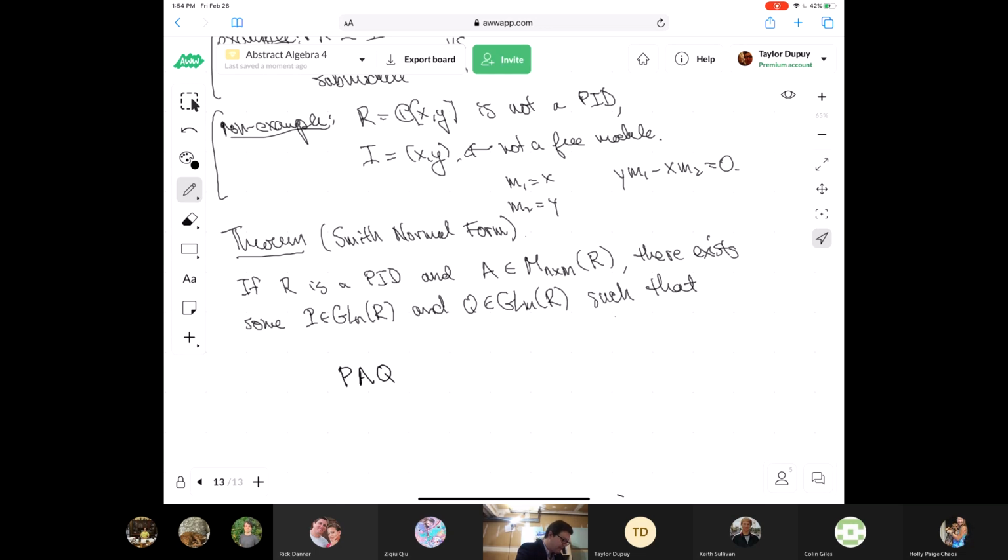This matrix S is what's called the Smith normal form.